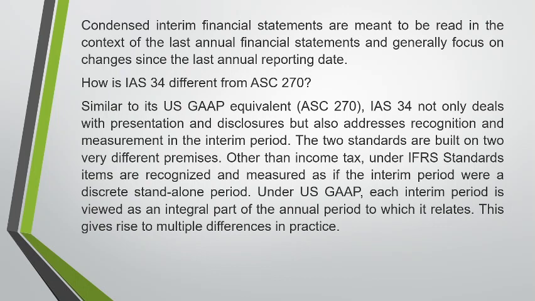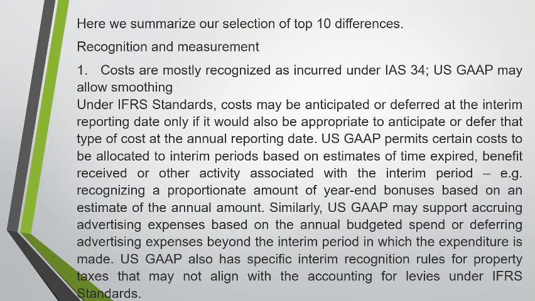Under IFRS standards, items are recognized and measured as if the interim period were a discrete standalone period. Under US GAAP, the interim period is viewed as an integral part of the annual period to which it relates. This gives rise to multiple differences in practice.